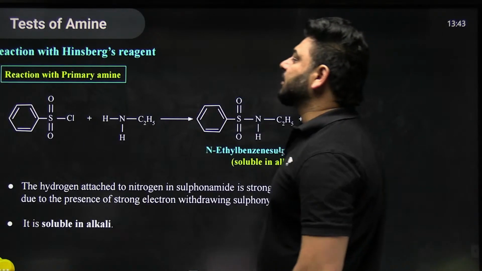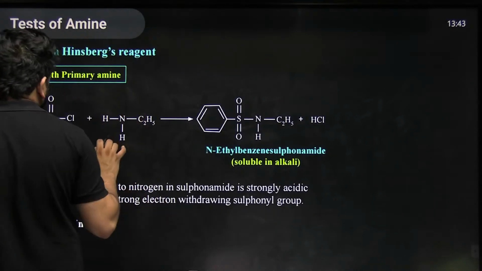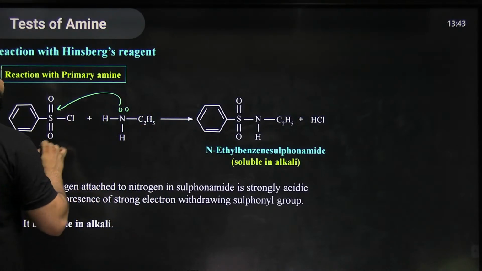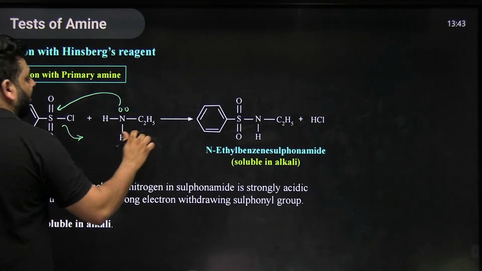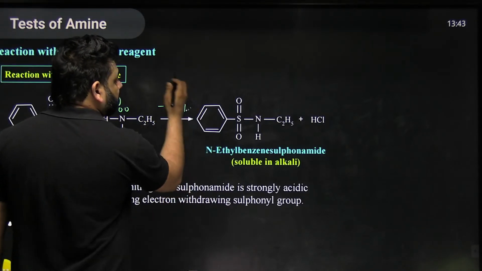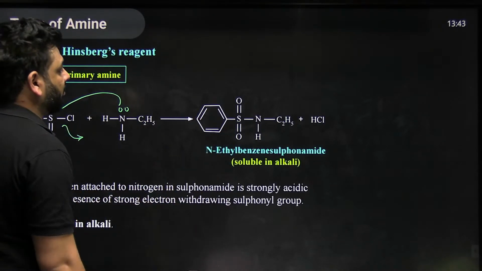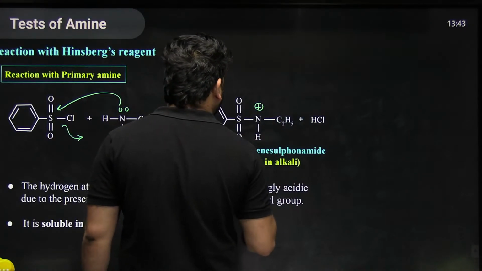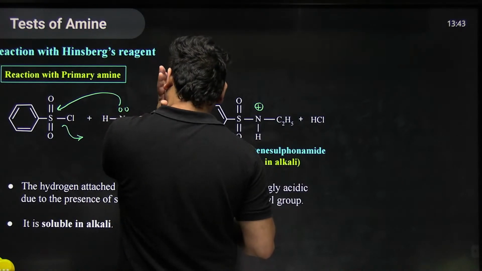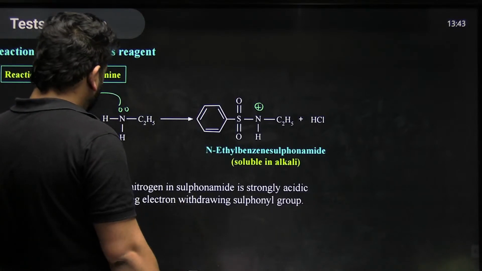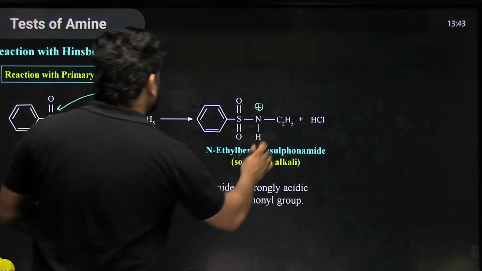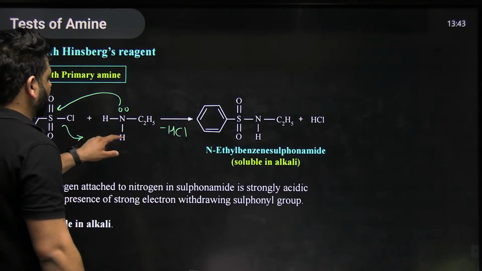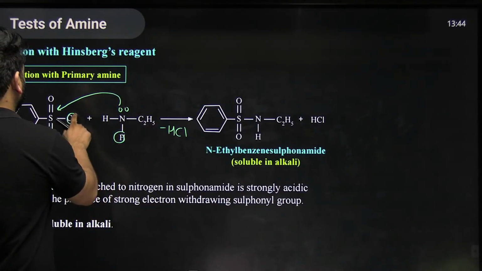So what happens in the case of primary amines? Primary amines have removable hydrogen. HCl is eliminated. This compound will be formed, NH with a positive charge. One H from the amine and one chlorine over here have been eliminated.